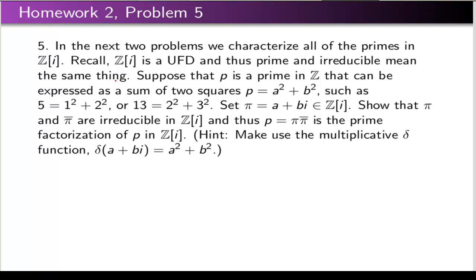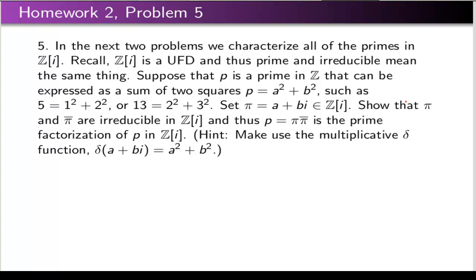So suppose that p is a prime in the integers that can be expressed as a sum of two squares. So p is a squared plus b squared for some natural numbers a and b. For example, 5 or 13. They can each be expressed as a sum of two squares. Let's let pi represent the number a plus bi.